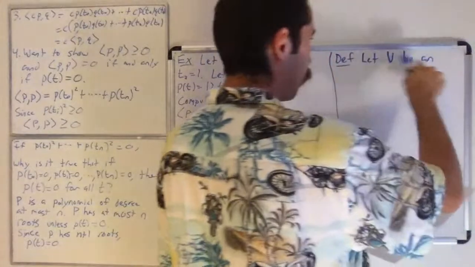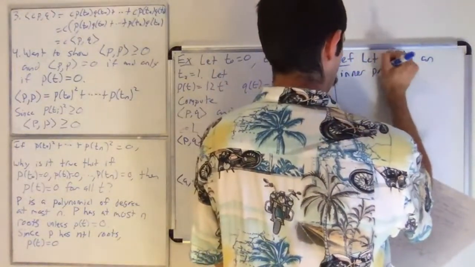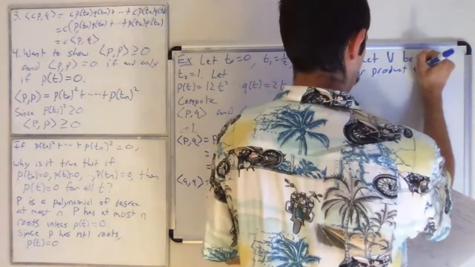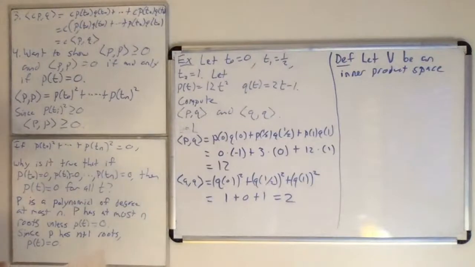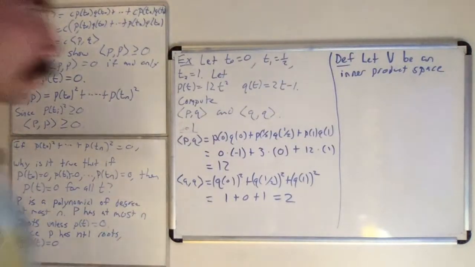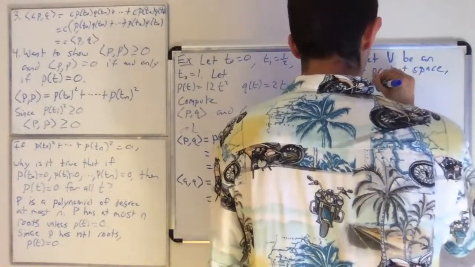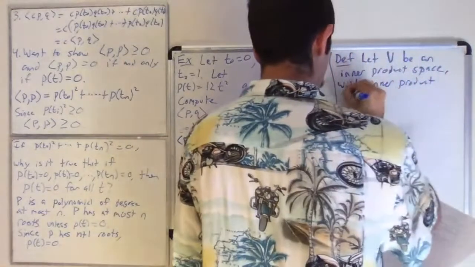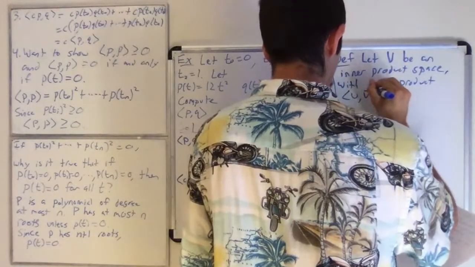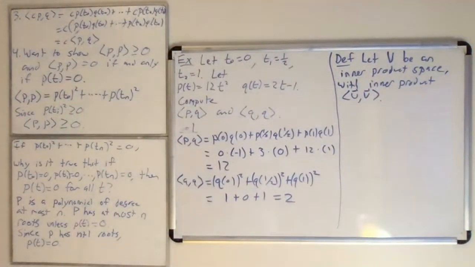We'll let V be an inner product space with the inner product UV, some general inner product.